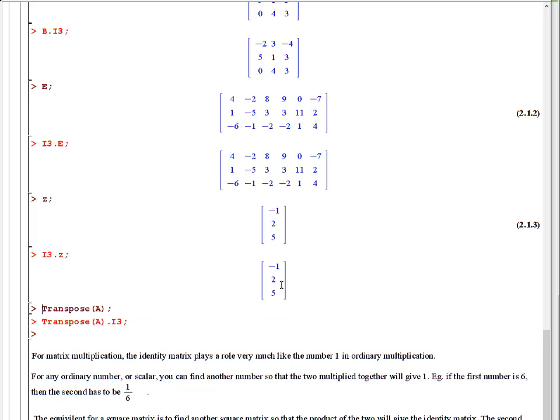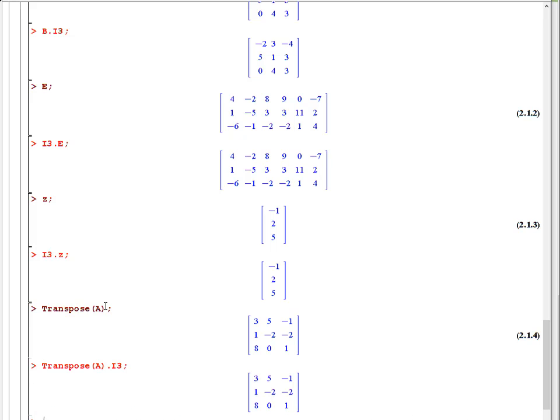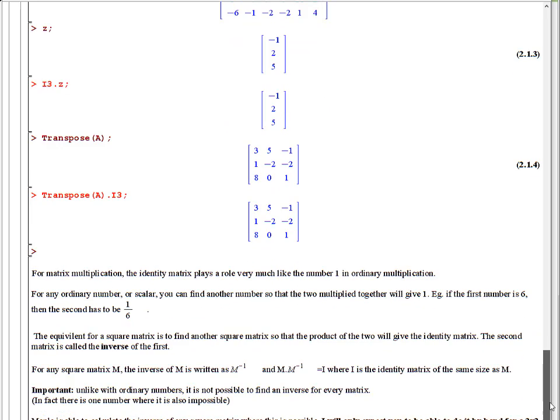And again, it does not change. And here I can transpose a matrix like this and then multiply that matrix by I3 and it doesn't change. So any matrix at all, you multiply it with I3 and the matrix will not change.